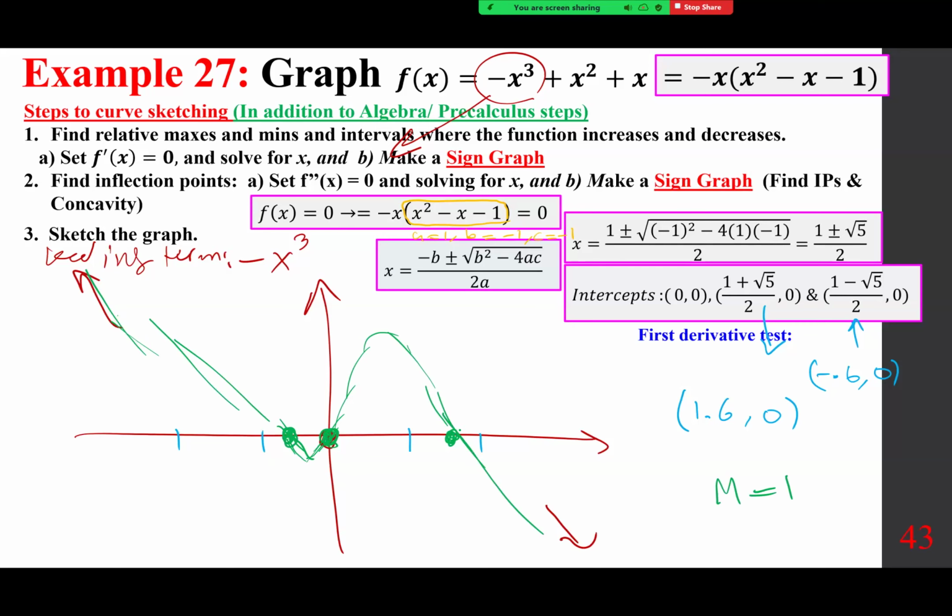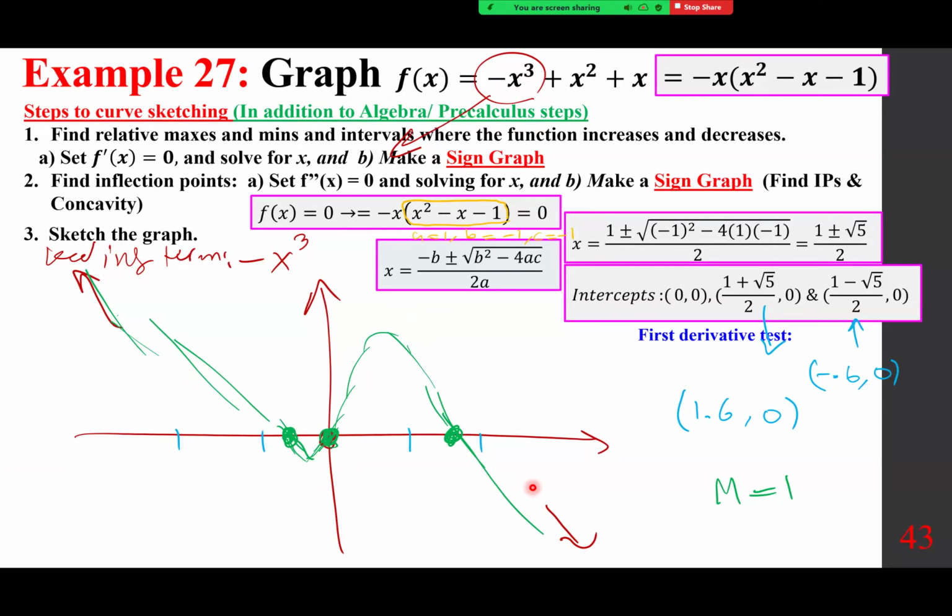So this is 1, 2, 3 different intercepts. It's not exact. You may not know exactly where it comes back, the local min, local max, the exact location of the IP, because this is concave up, then it becomes concave down. But that's good. It's a rough sketch. This is pre-calculus.